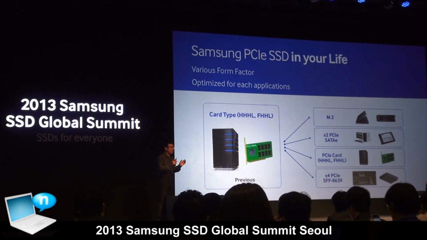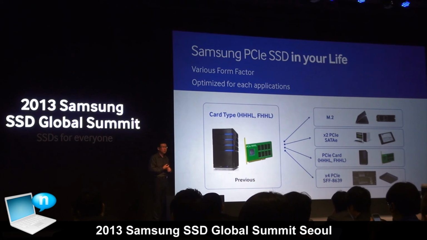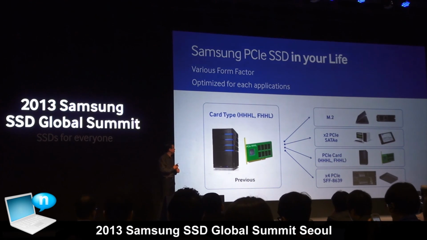So the look itself is exactly the same as SATA SSD, and it is also compatible with SATA ports in platforms in the coming future, because the interface between SATA Gen 3 and PCI Gen 3 are actually being merged in the next generation Intel chipsets. So you'll be able to see a platform that can be used with SATA interface-based SSDs and PCI-based SSDs.